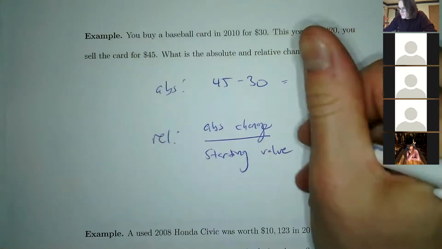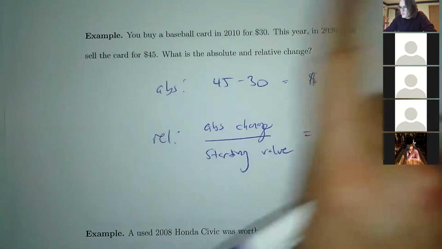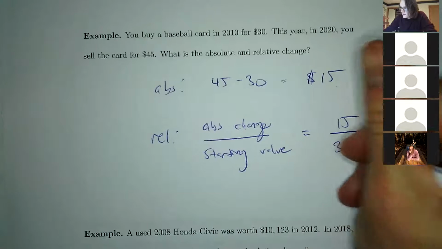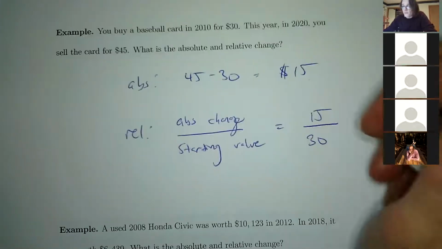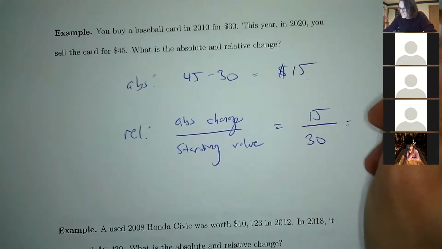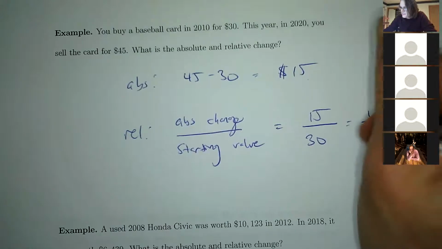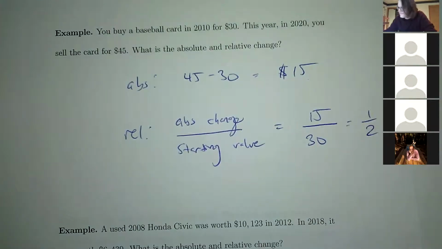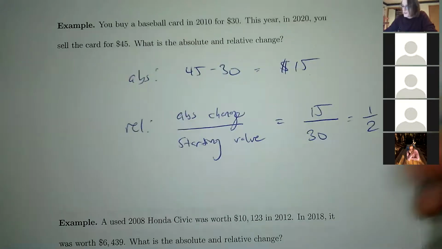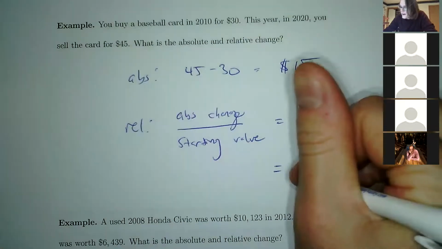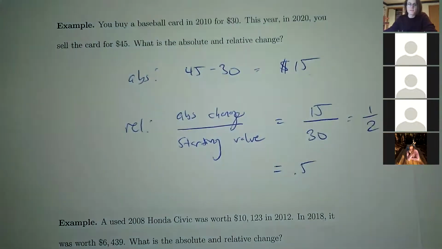So it's going to be 15 over 30. And so obviously that's 1/2. Yeah, I had a brain fart, I'm sorry. And so that's 0.5, right?